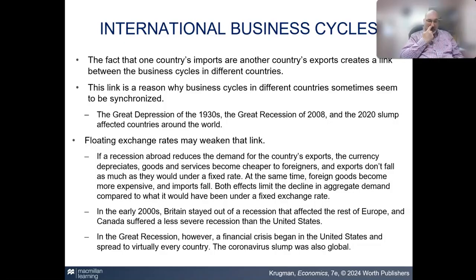By the early 2000s, Britain stayed out of the recession that affected the rest of Europe, and Canada suffered a less severe recession than the US. In the Great Recession, though, a financial crisis began in the US and spread to virtually every country, mainly because everybody was tied to the US financial markets.